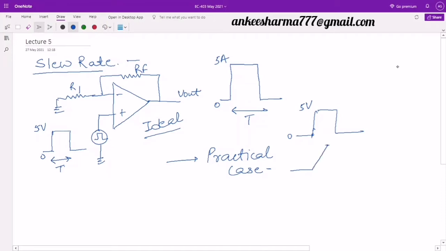For example, over here this voltage is 5 volts, so it will take time. Then it will stay there for that duration, and exactly at this point when this voltage starts decreasing to 0 value, it will again take time to decrease, and it will be like this.